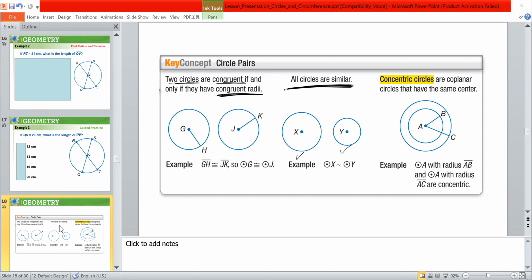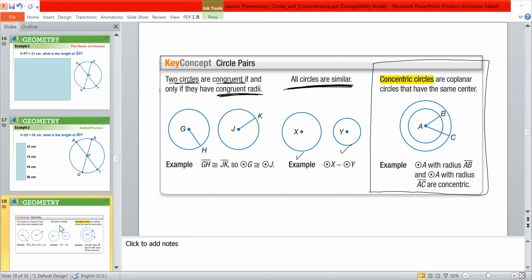And the last definition is about concentric circles. What is meant by concentric circles? It means two circles have the same center. If you have two coplanar circles that have the same center, they are called concentric circles.